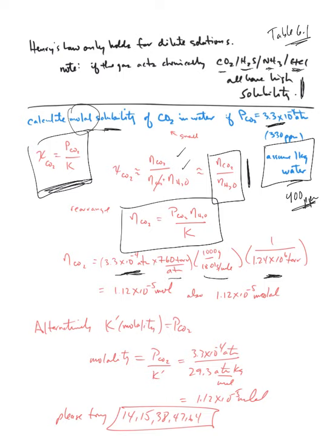Then I have the moles of water, and then I'm going to divide by the Henry's law constant, and I get a value of 1.12 times 10 to the minus fifth moles, which also, because we're dealing with 1 kilogram of water, is 1.12 times 10 to the minus fifth mole. Alternatively, you might have noticed that in table 6.1, there is this K prime Henry's law version of the constant, and this is more direct, but you get exactly the same number.